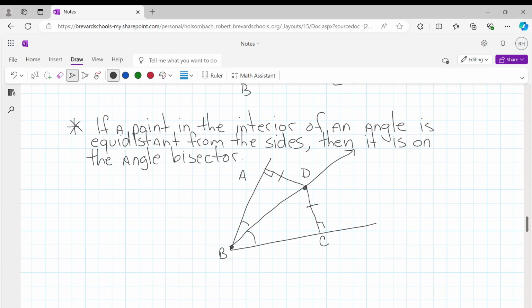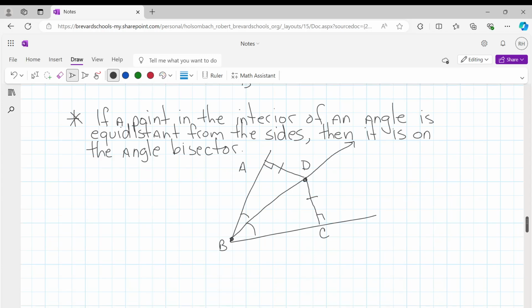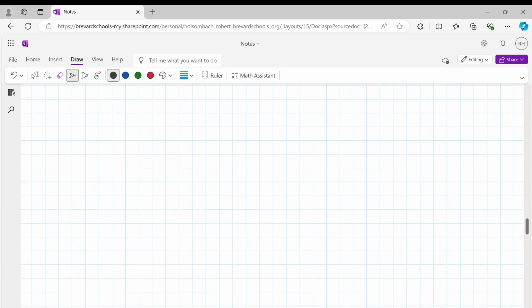So if you look down at example 3 on page 327, we got 3A, B, and C. In example 3A, you've got this looking picture.